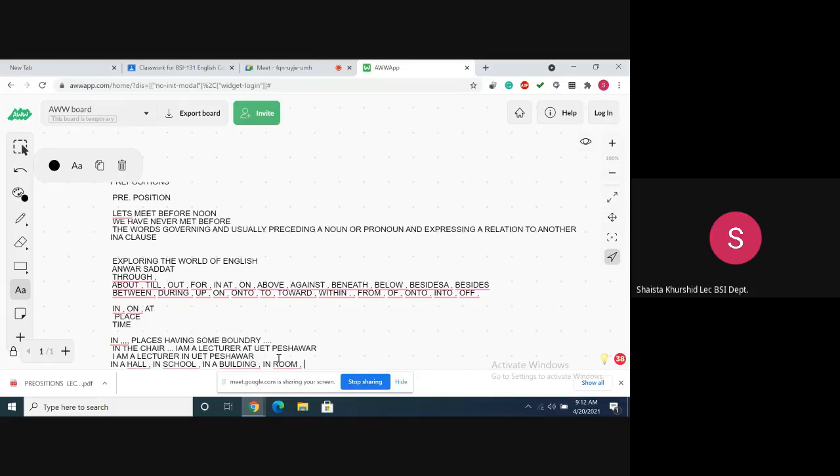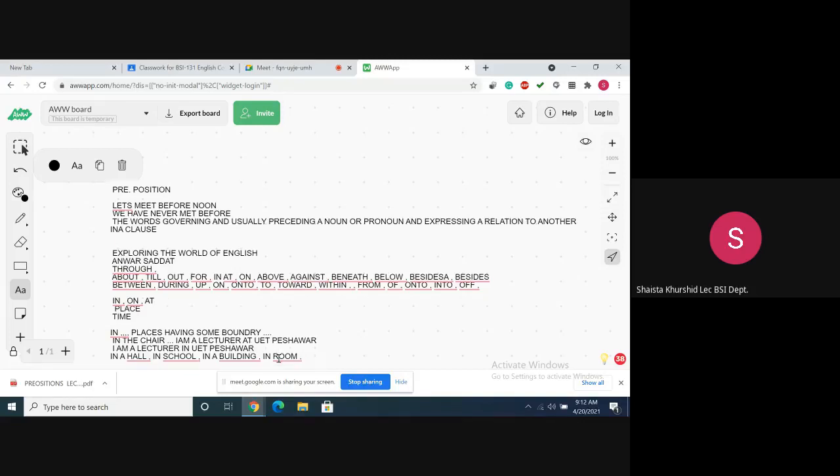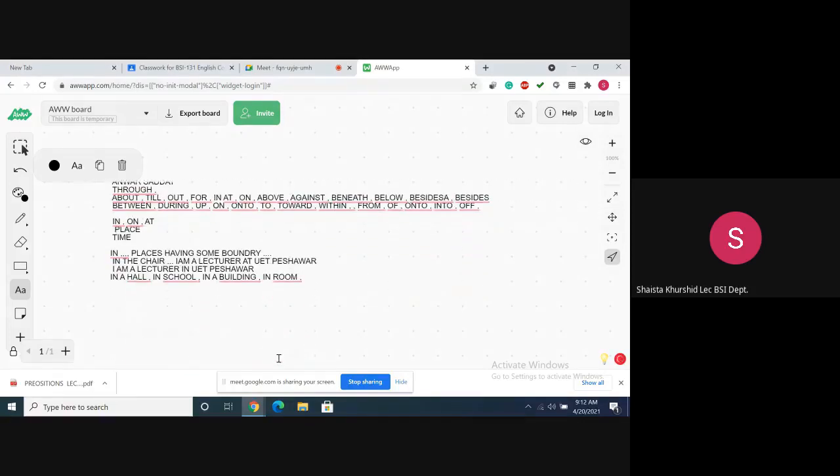These are the prepositions of in when it shows the place. So the place where there is a surrounding.